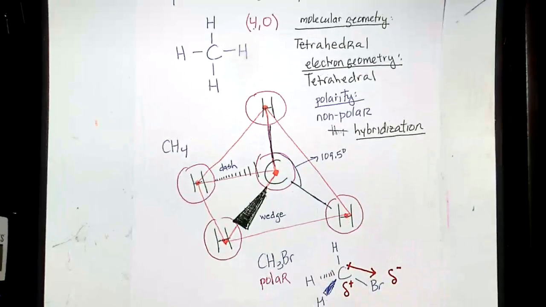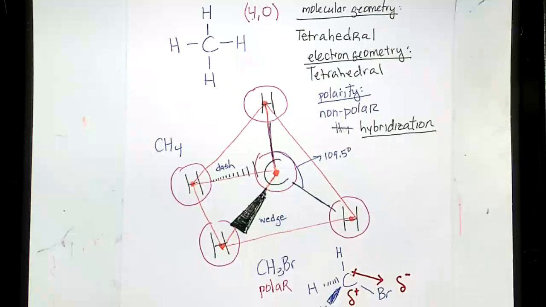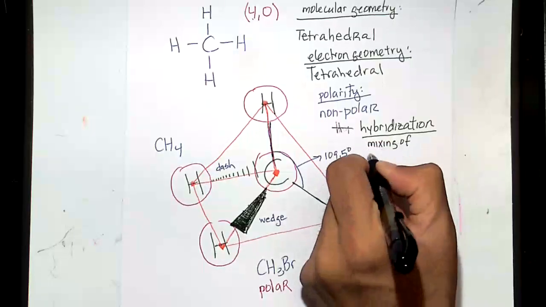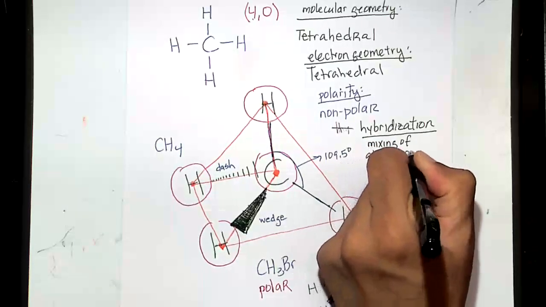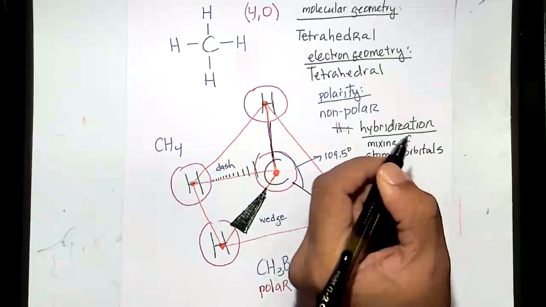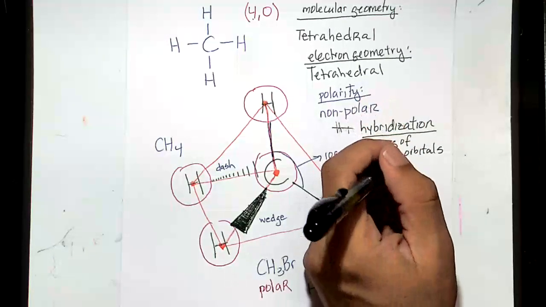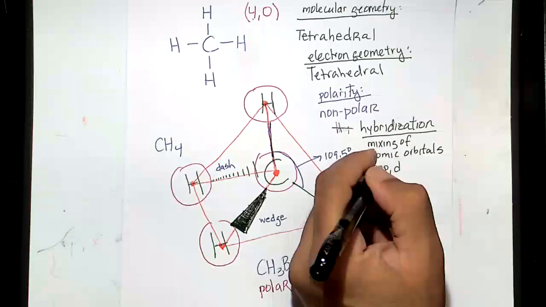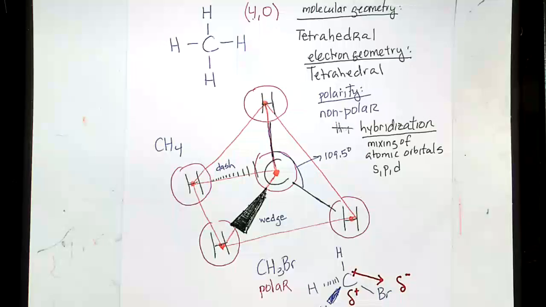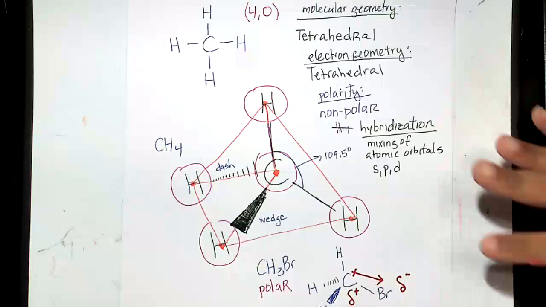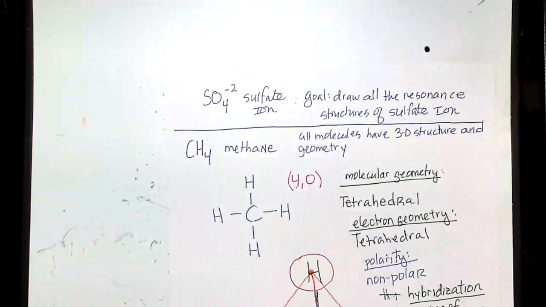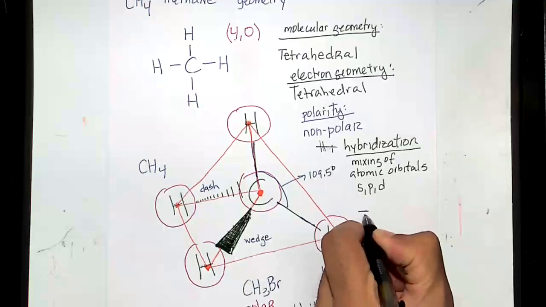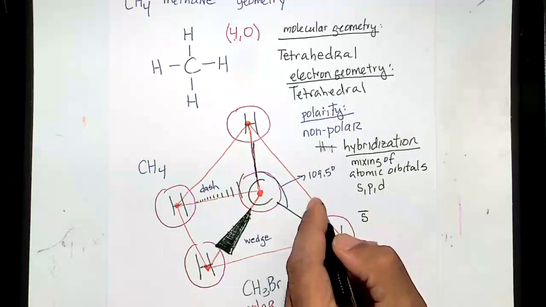Okay, hybridization. Hybridization means mixing of the atomic orbitals. So what are the orbitals that we learned in Chapter 7, Chapter 8? There's an s orbital, there's a p orbital, there's a d orbital, and there's an f, but I will not talk about f. All right, so how will we get to 4 bonds and 0 lone pairs for the hybridization? We're going to take 1 from s, that's 1.